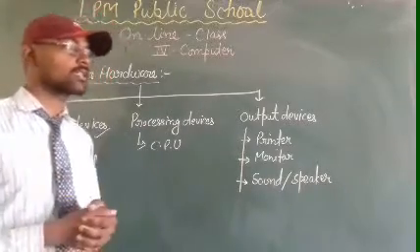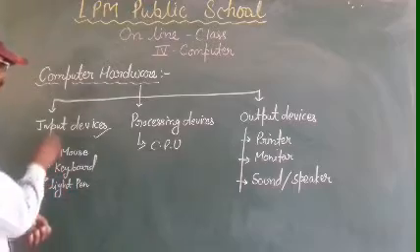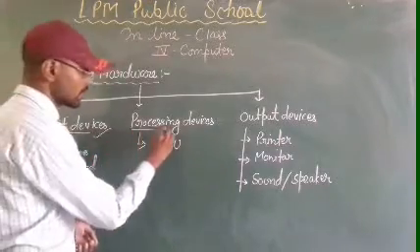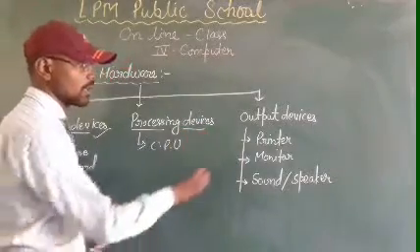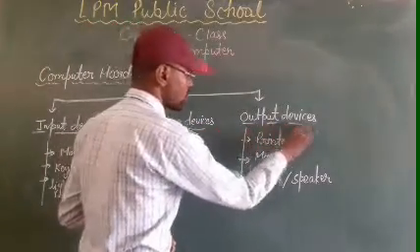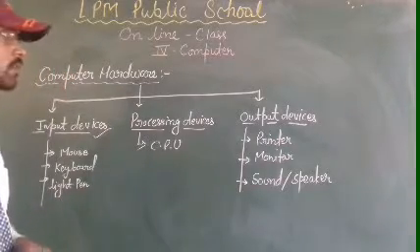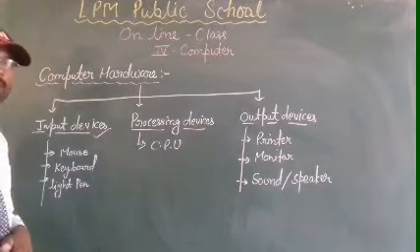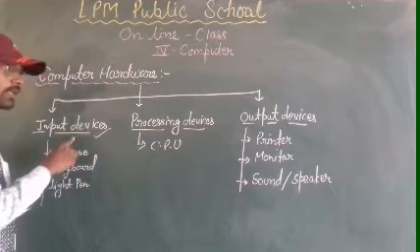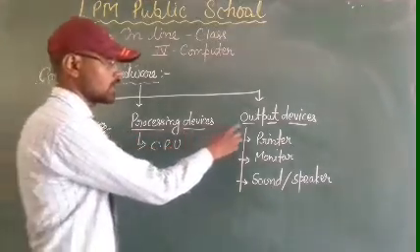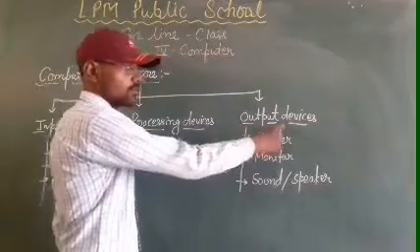Computer hardware is classified into three categories. First is input devices, second is processing devices, and third is output devices.